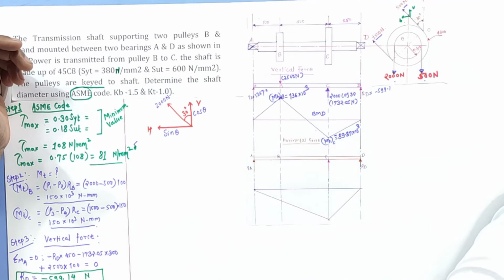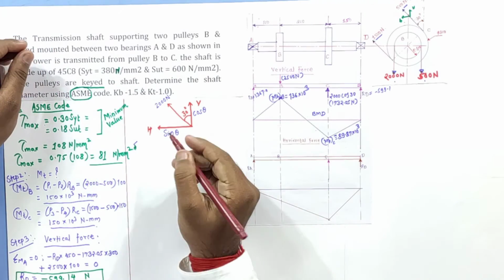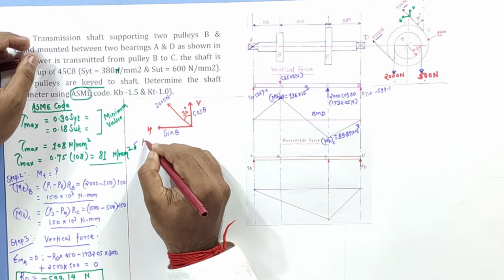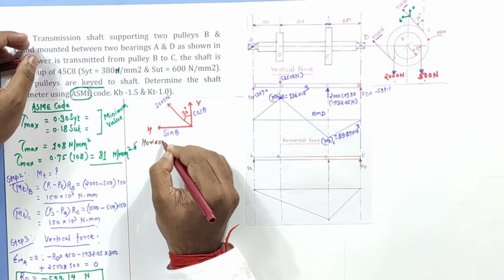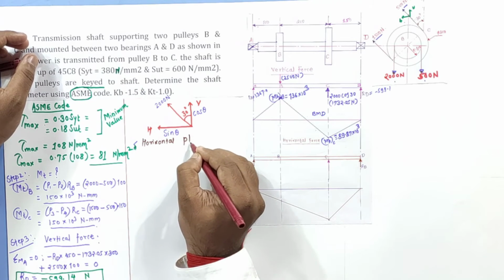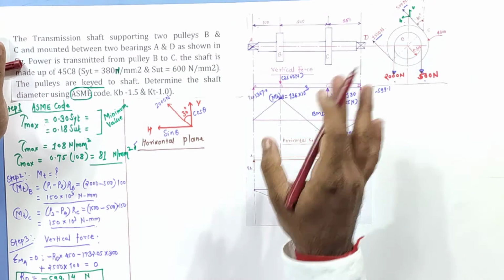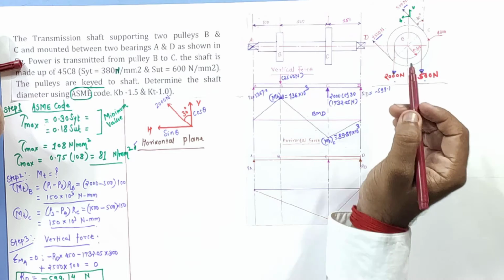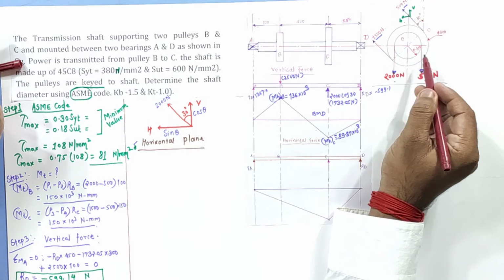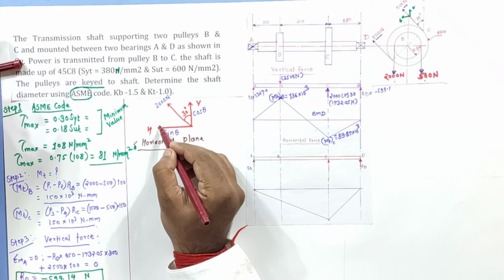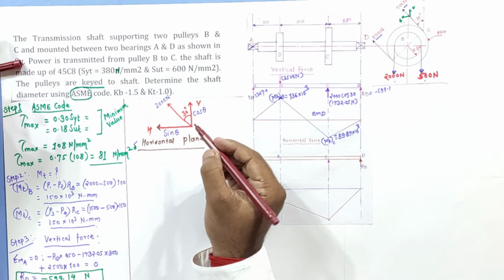Now in case of the horizontal plane, write down carefully in the same steps. So in case of horizontal plane or force, what are the horizontal forces? Only one horizontal force, all others are vertical. So see, this one is the horizontal force. What is this?